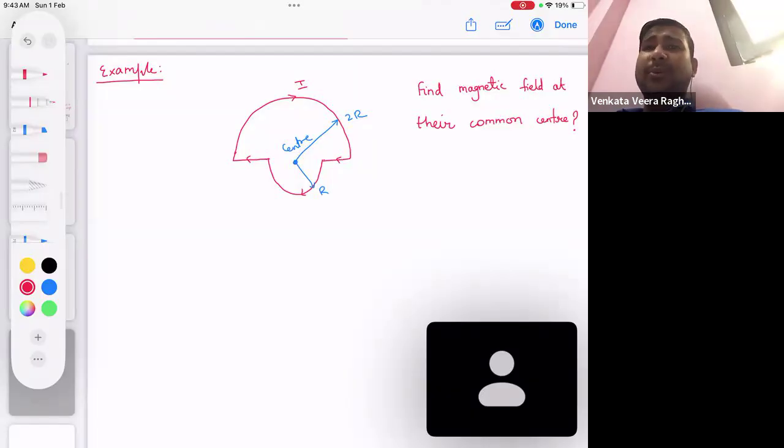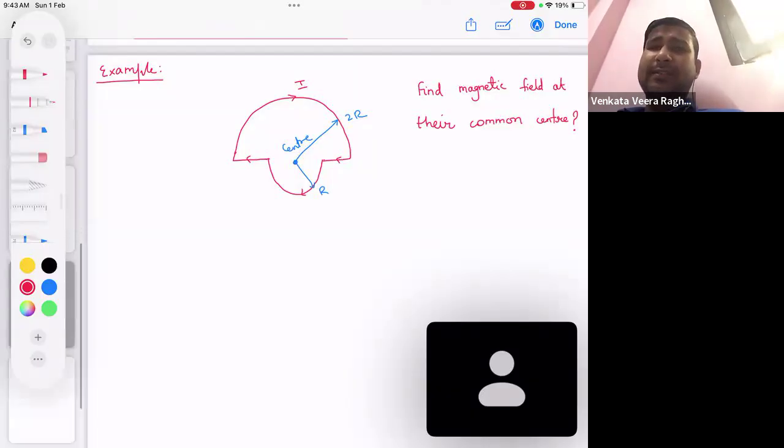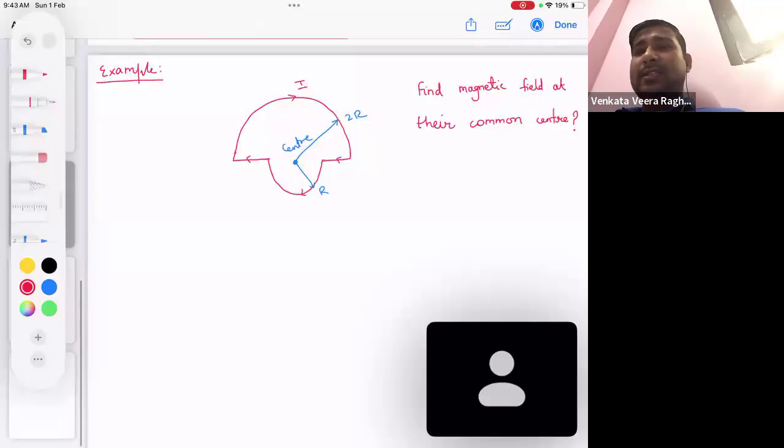Just two semicircular portions are there, na? That's it. Just two semicircular portions are there. What about the straight segment? You will say, sir, two semicircular portions, okay, but what about the straight segment? How much field will come because of the straight segment?